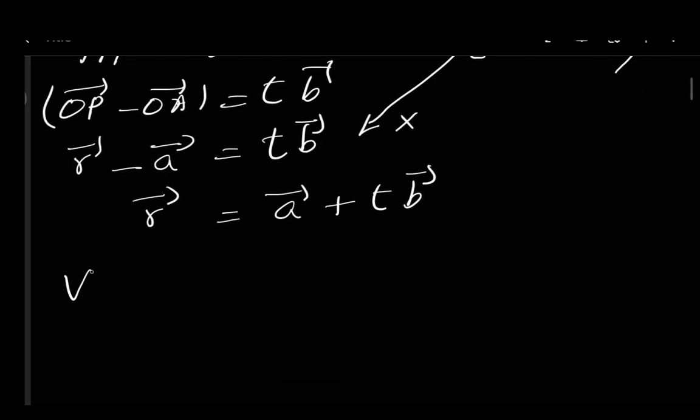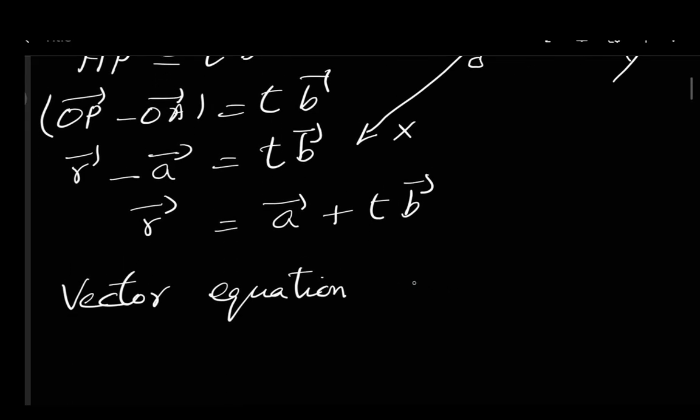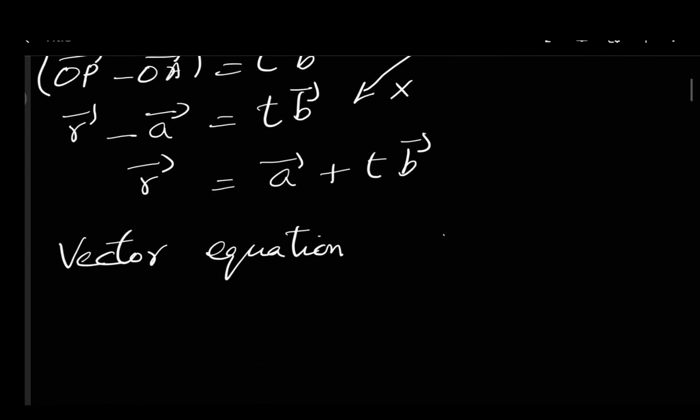So this is the vector equation of a straight line passing through a point and parallel to the given vector.